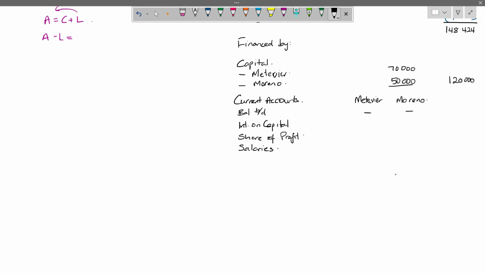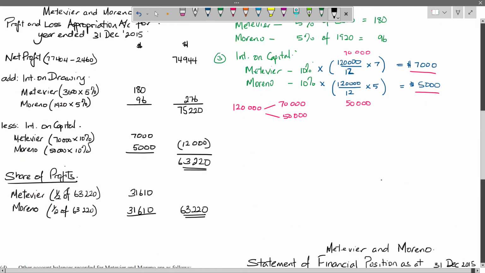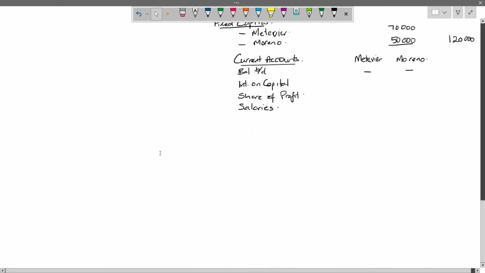So the interest on capital, we're getting this from our appropriation account. Here we could label this the fixed capital, right? The calculations we did for interest on capital were 7,000 and 5,000 respectively.